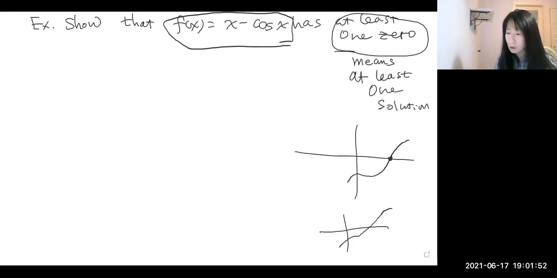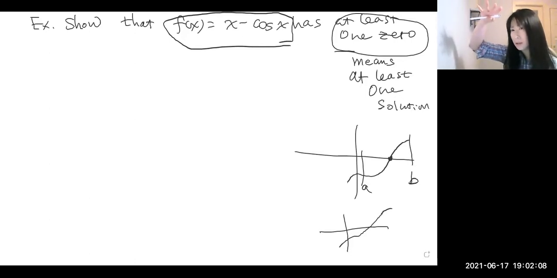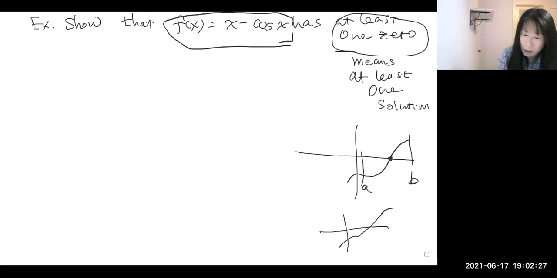At least one solution means, between here and there, we cut off the closed interval. Then opposite sign means below the x-axis and above the x-axis. We can pick anything. Normally they give us the interval, but in this case they don't. So let me just follow the book since we don't have time.